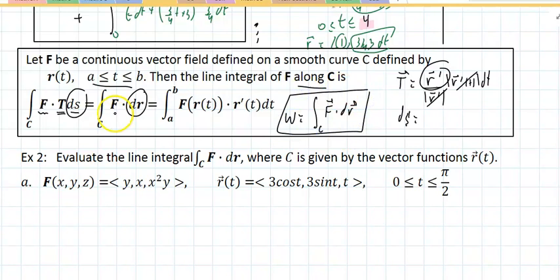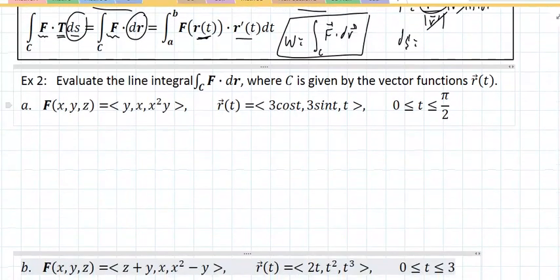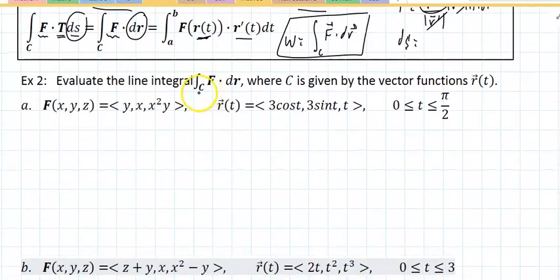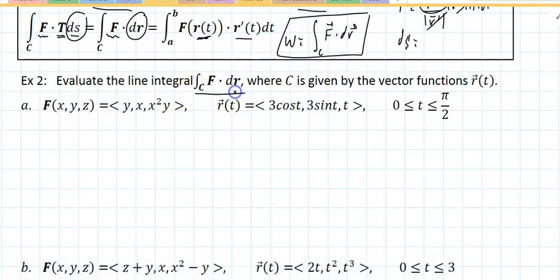Based on what we did, make sure you simplify: you replace the i component with the x, the j component with the y, times the derivative, dot it with the derivative. We know how to do the dot product. So when it says evaluate the line integral of F dot dr, they're saying find the work done by moving along C, r from a to b, in this specific vector field F.